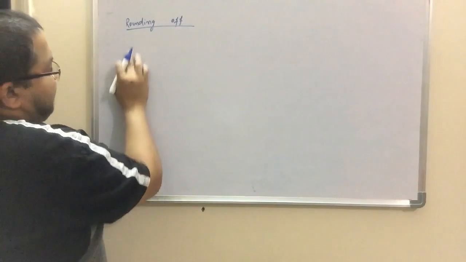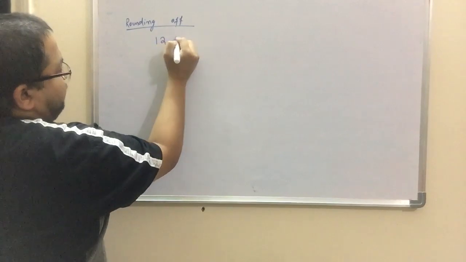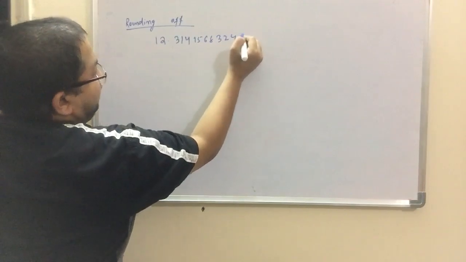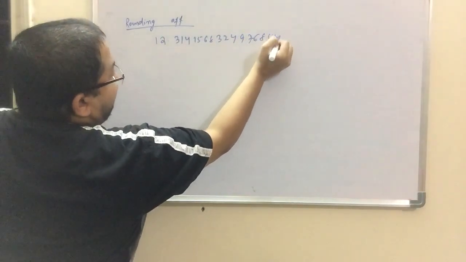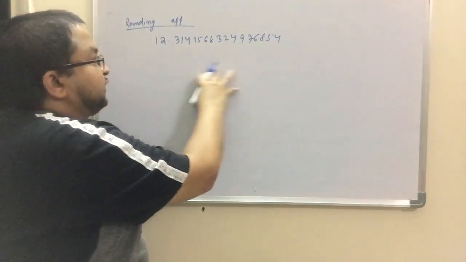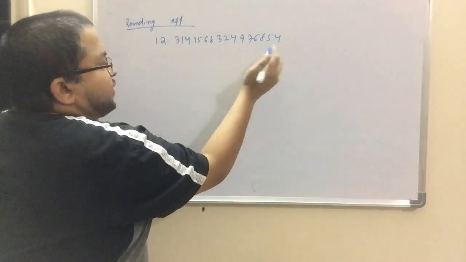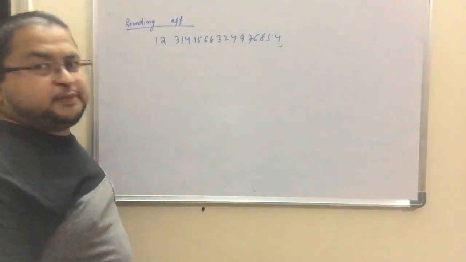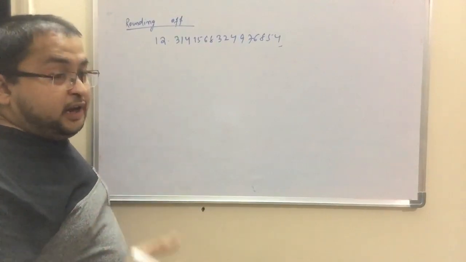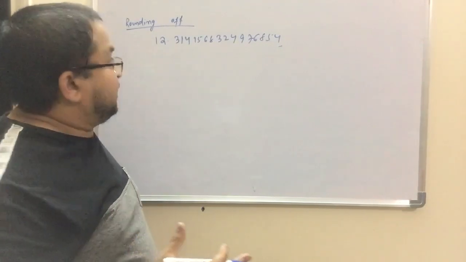Suppose a particular number is expressed as 12.3141568324976854. It would be very inconvenient for us to express anything in terms of this, and also if something differs by this much magnitude, it would not be very significant unless you are talking about something of the order of a nucleus.